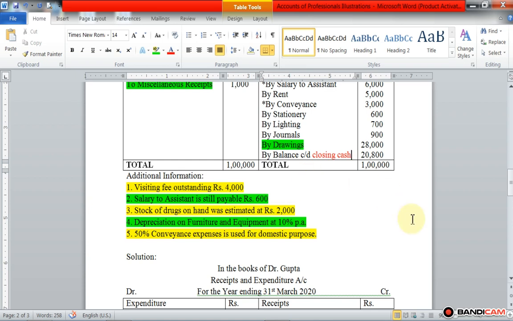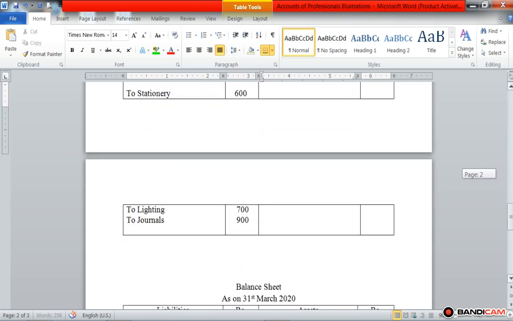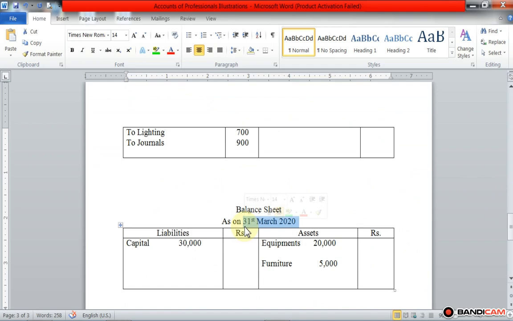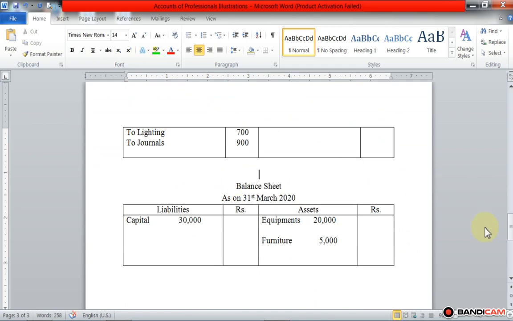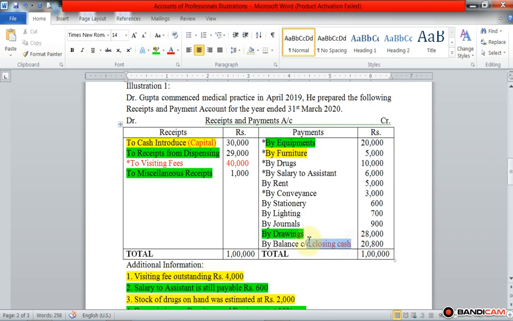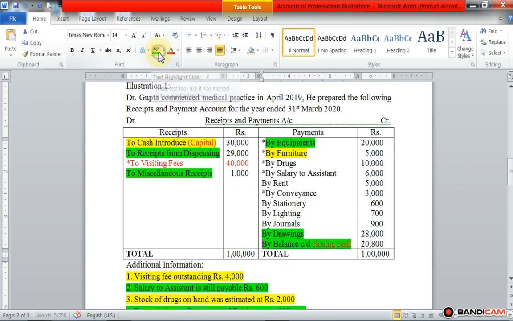Here we prepare a closing balance sheet. Okay, it is a balance sheet. Okay, at the end of financial year, that is 31st March 2020, and we received a cash or cash in hand. Okay, it is a closing cash, it means cash in hand with the profession.